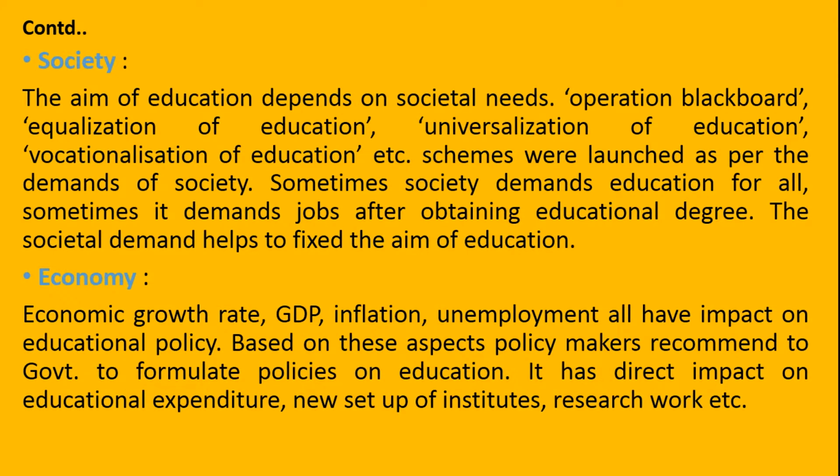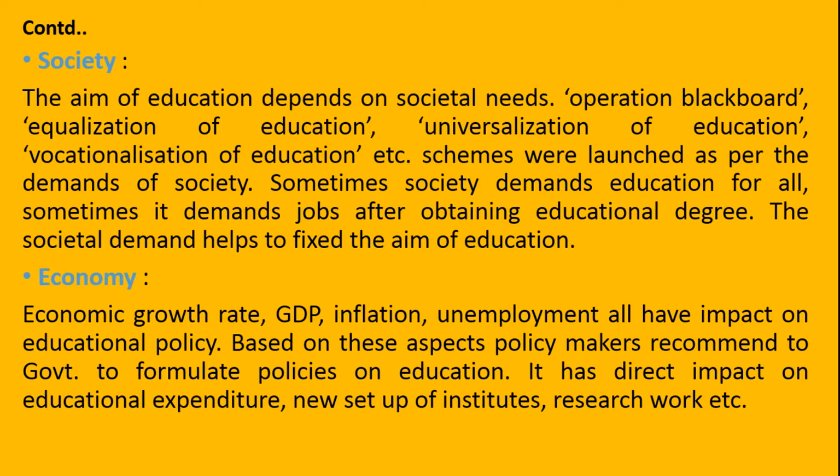Society is one of the major determinants of educational policy. The aim of education depends on societal needs. Operation Blackboard, equalization of education, universalization of education, vocationalization of education, etc. schemes were launched as per the demands of society during various different time periods.